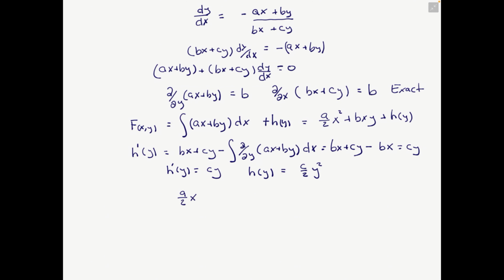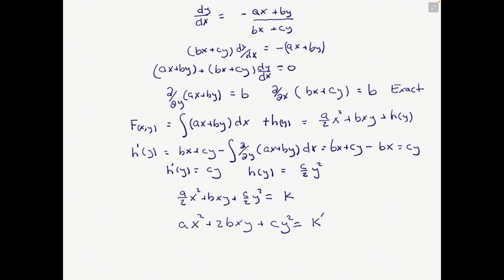And so we're just left with cy. So h prime of y is equal to cy, and h of y is equal to c on 2 y squared. And now we write our final solution. We got a on 2 x squared plus bxy plus h of y, which is c on 2 y squared, is equal to some constant.